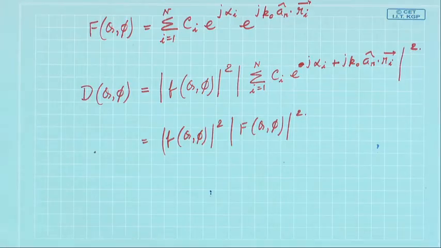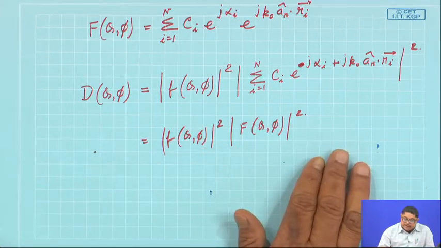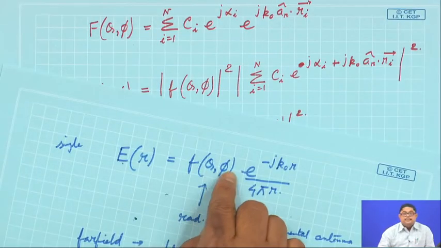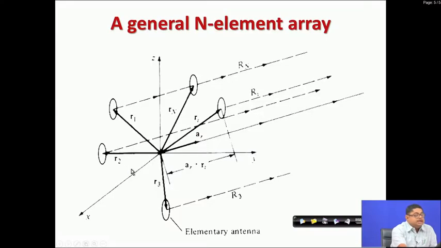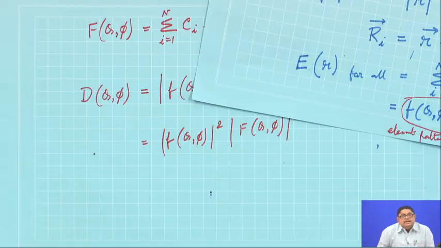Now I need to point out one thing: in all these cases we have assumed that f theta phi is the same for all elements. If we look at this view graph, all these antennas are identical, so their f theta phi is the same. Pattern multiplication assumes that, but realistically in practical cases this is not true.